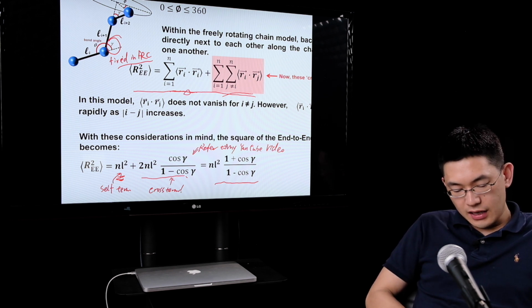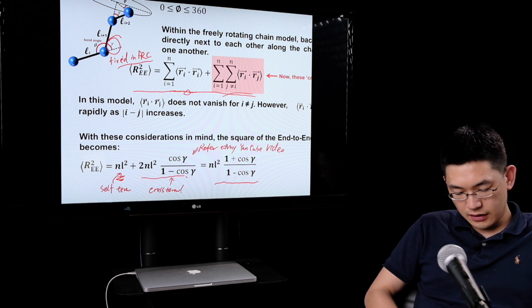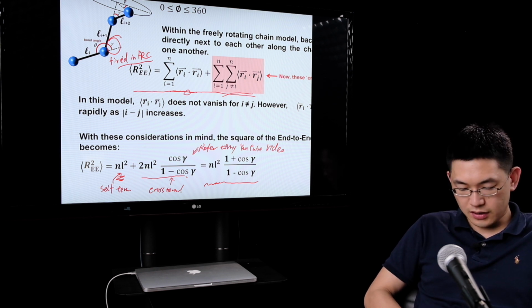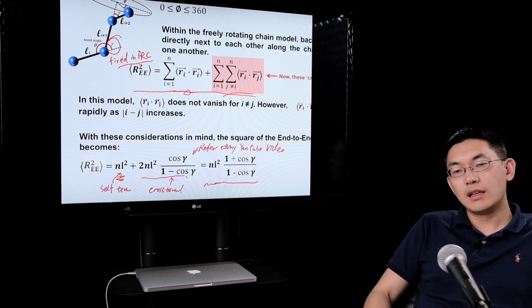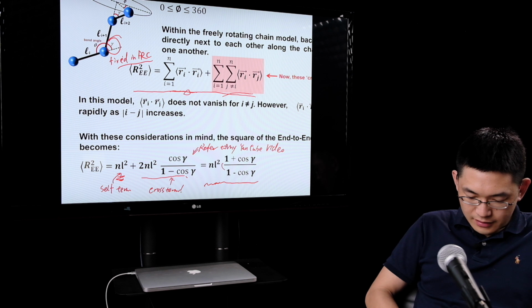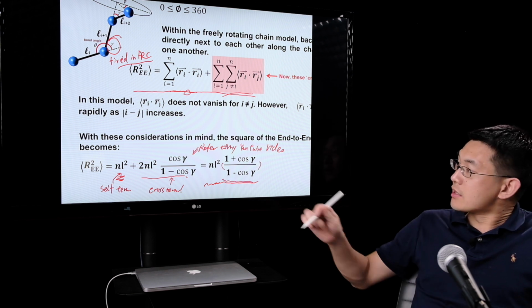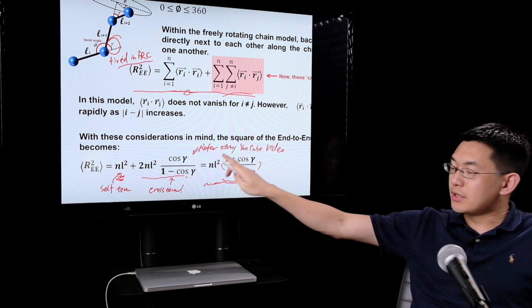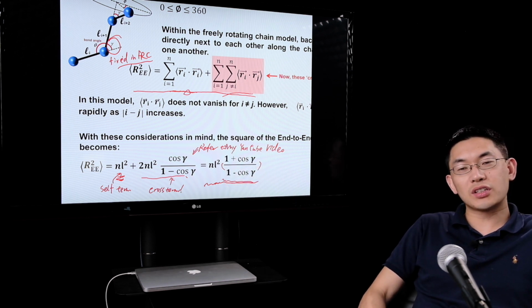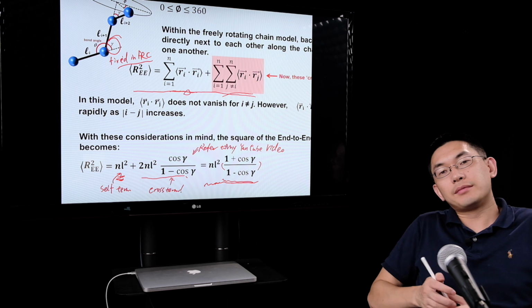Adding those 2 terms together, you would come to the conclusion that the end-to-end distance will be NL squared multiplied by 1 plus cosine beta over 1 minus cosine beta. And as you can see, what I put in the box is an additional term that arises due to the introduction of the bond angle.